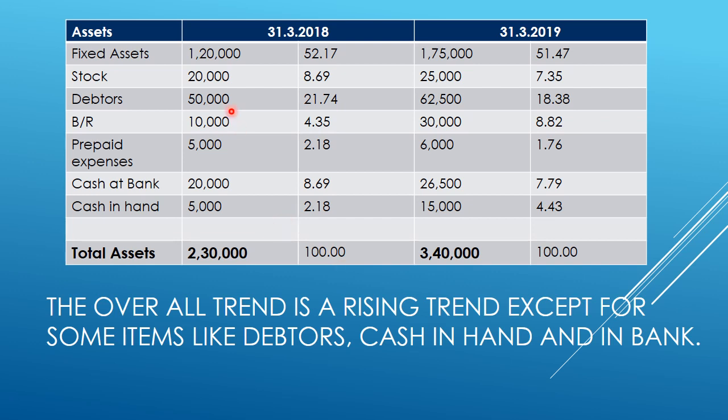Again, I'll tell you the method. Say, for example, if it is cash at bank, 20,000, to get this common size figure, divide 20,000 by 2,30,000 and multiply it by 100. You will get 8.69%. That's it. You just have to calculate all the figures in this way to tally them. If you add them all, they should make up 100%. The same thing would be done for the other year.